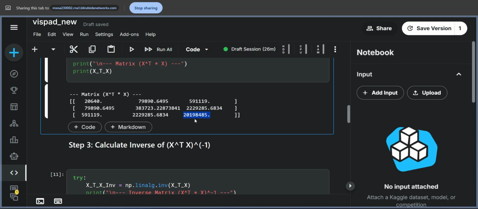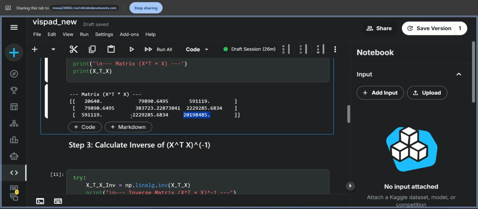So all components of the house age in the transpose matrix were multiplied with the house age of the original matrix, right? So that's why we had this.